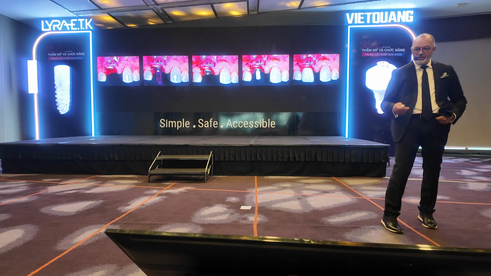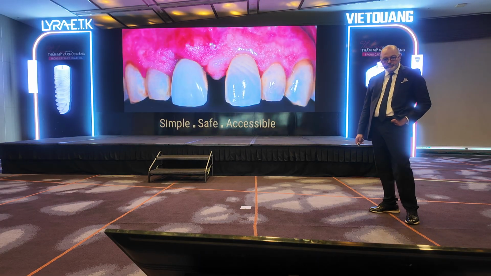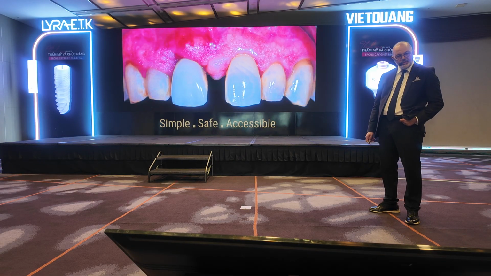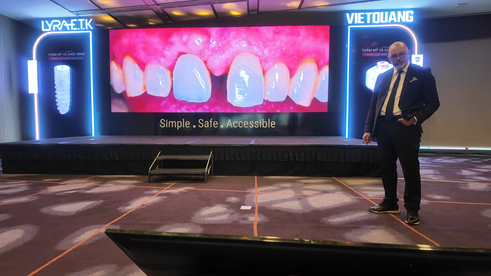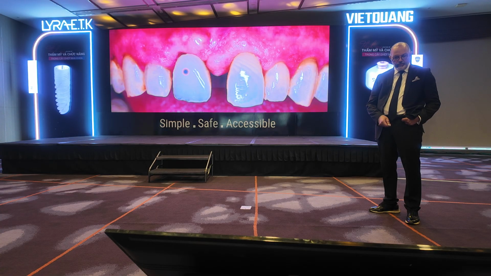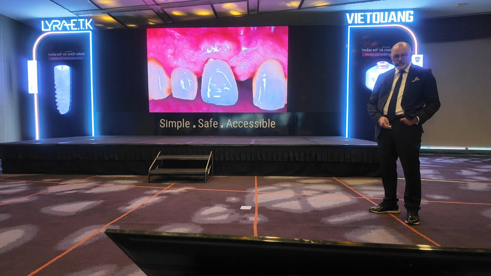I click it, and you can see that this gingiva is very quickly very healthy because there is no problem of cementing. You can see here on the distal part, you can see the epithelium here, and I don't have any conflict between my provisional and the soft tissue.